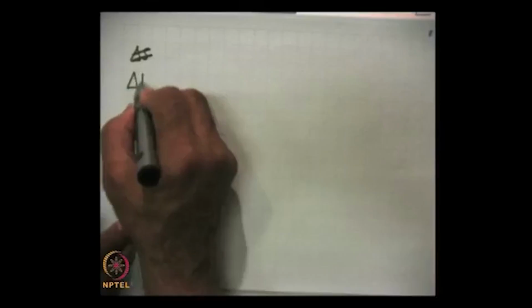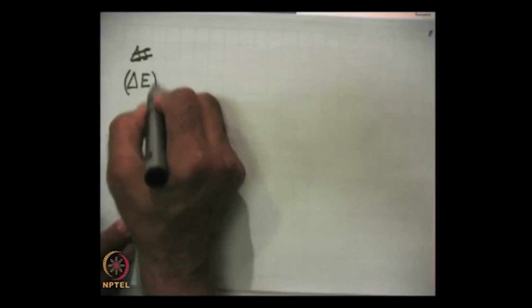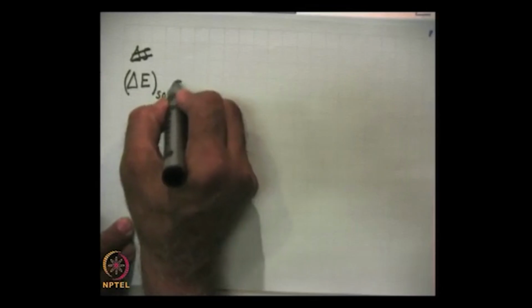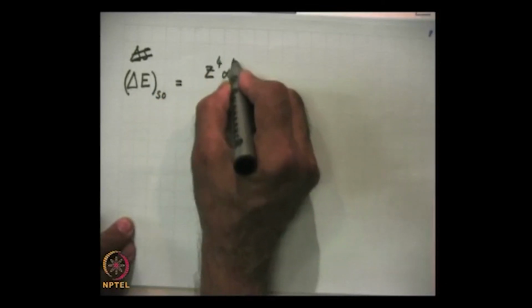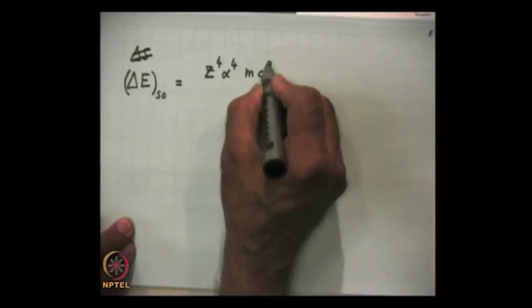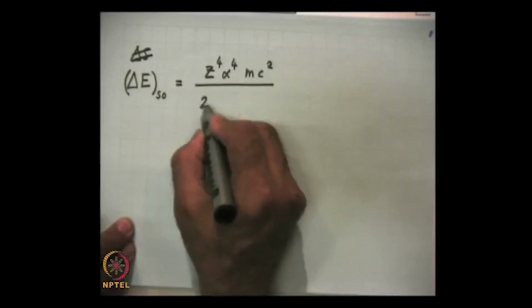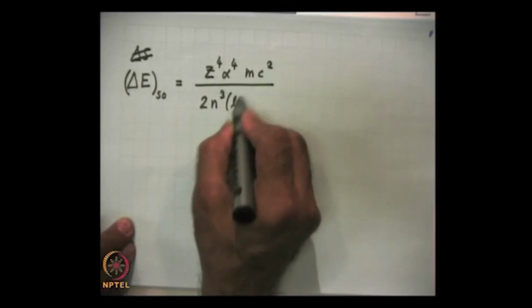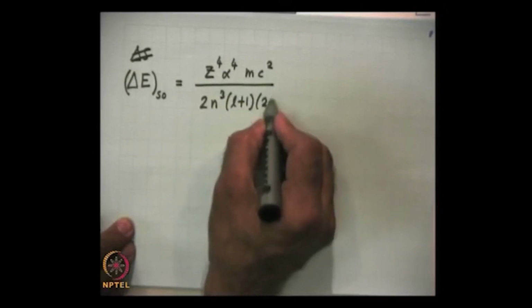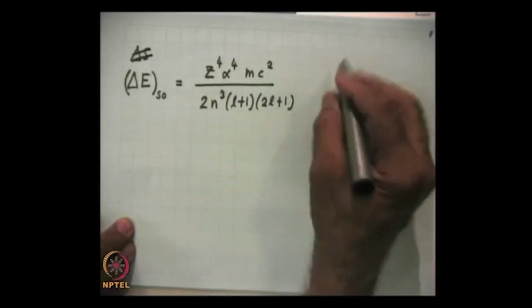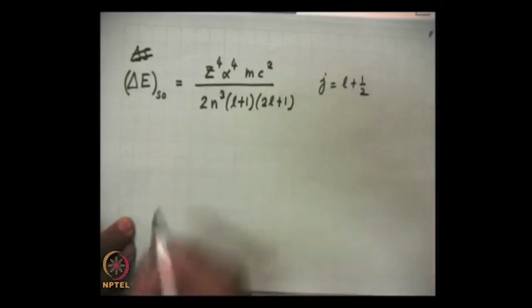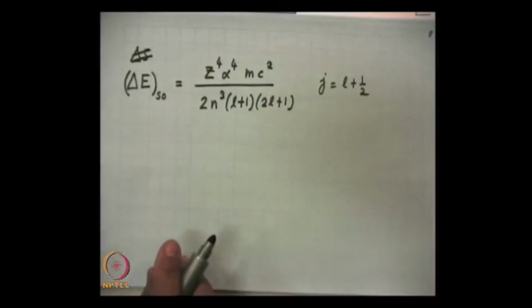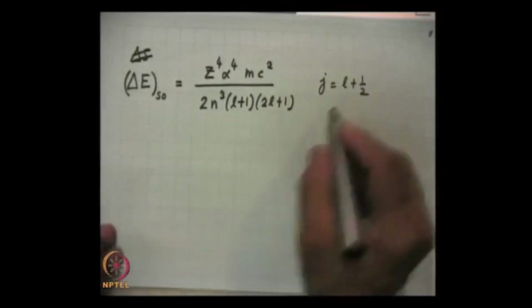Delta E due to spin orbit becomes Z to the power 4 alpha to the power 4 mc square by 2 n cubed L plus 1 into 2 L plus 1 for j is equal to L plus half, and similarly another expression for L minus half.